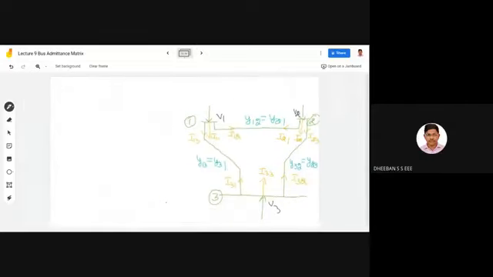So as I said, your Yii is nothing but your diagonal element.